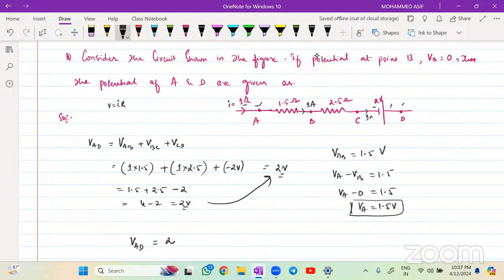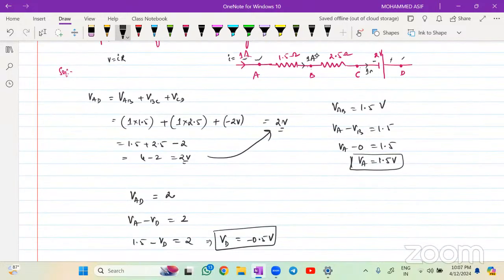So potential across your A and D is how much? Potential across A and D will be equal to 2 volt. So VA minus VD is equal to 2. Potential of VA I got right now is 1.5, minus VD.